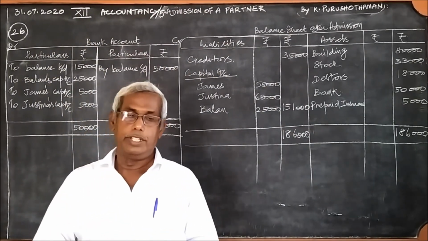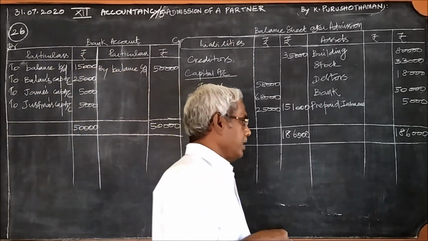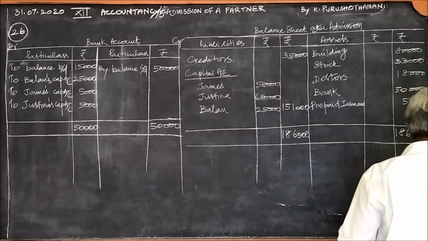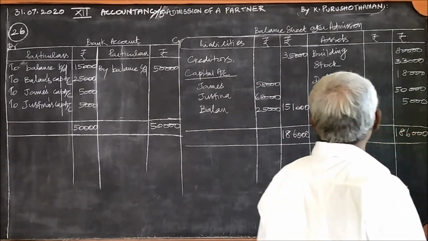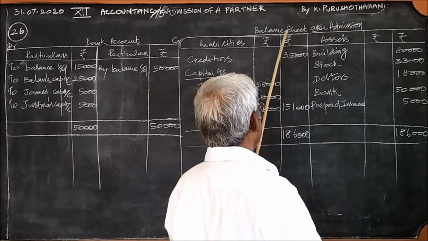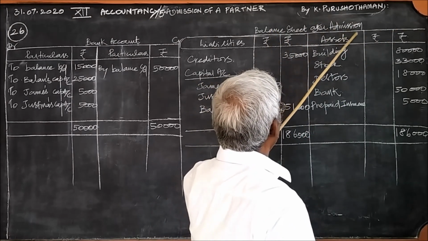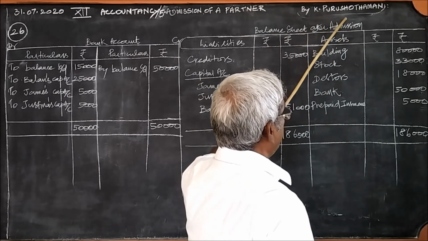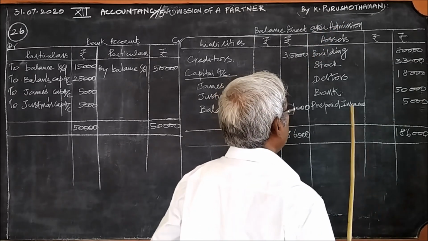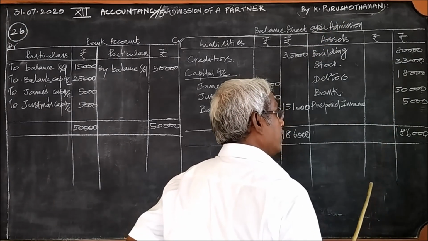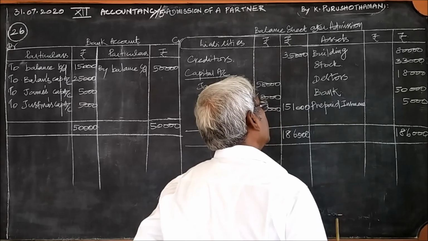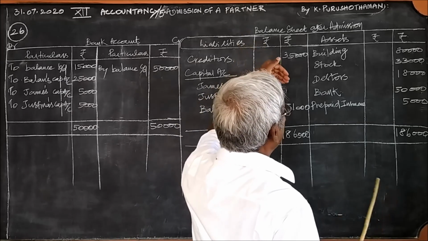So what is in this balance sheet? How to prepare it? You write how it is given. Prepare balance sheet after admission. Therefore, you can write balance sheet after admission. And how to prepare? Already there is a balance sheet in the question. From the question you attend item by item.